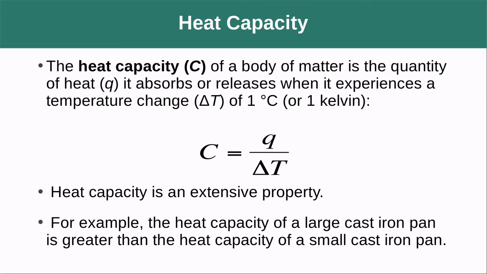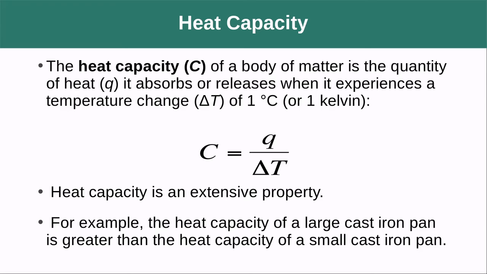That means that if I have, say, a cup of hot water and an entire pot of hot water, even if they're at the same temperature and the change of temperature has been exactly the same, the pot of hot water is going to have a higher heat capacity because there's more of it.